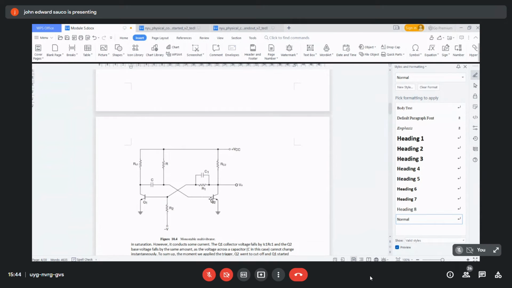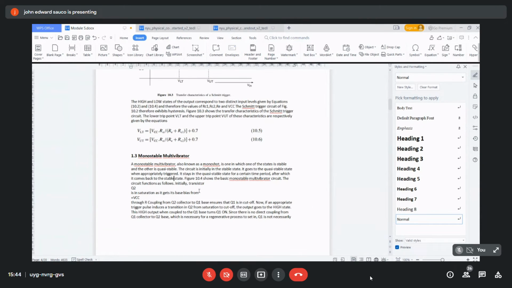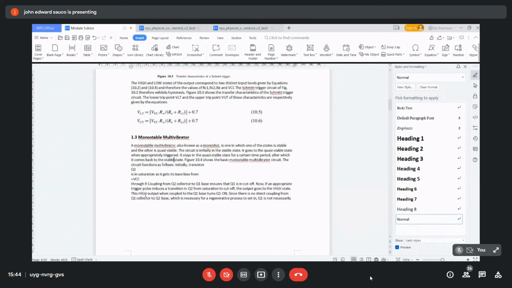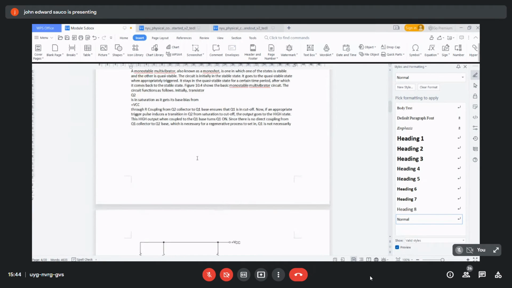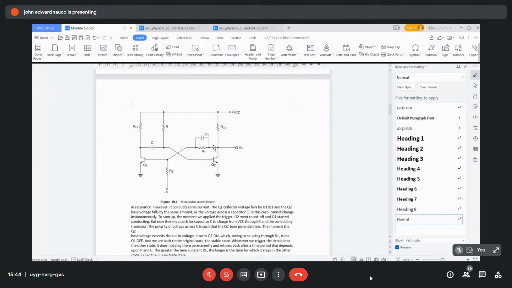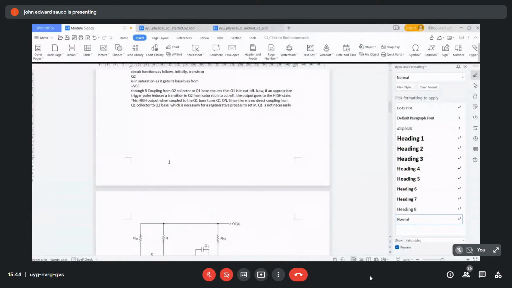Okay, VCC, yung nagsusupply sa base nitong Q2. And through our coupling from Q2 collector to Q1 base, that Q1 is cut off naman daw. So, ito, si collector nito, nag-i-ensure na cut off si Q1.